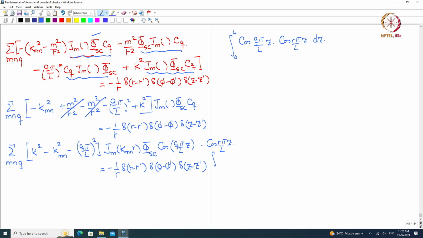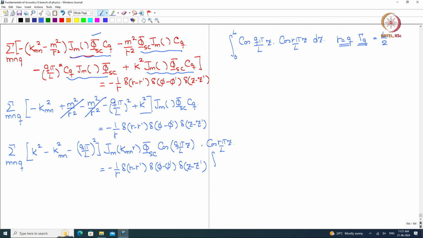Then this is 0 unless r and q are equal. If r and q are equal, let us call that constant gamma q, it's L by 2.